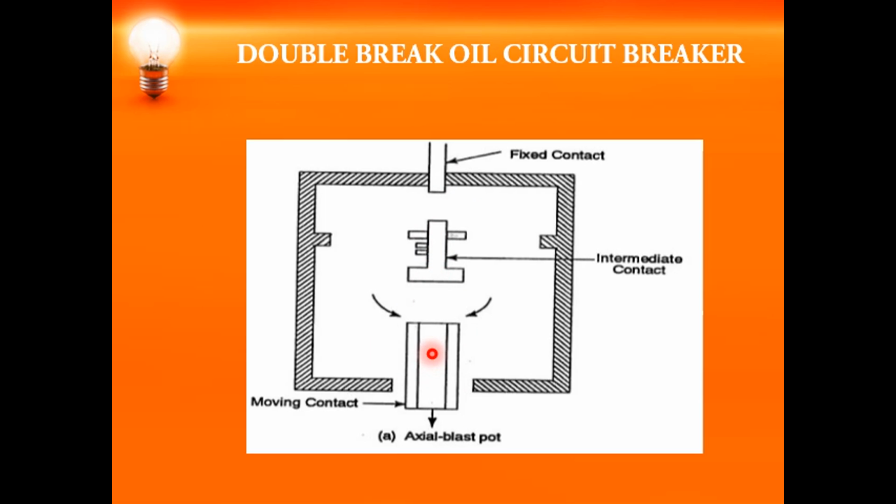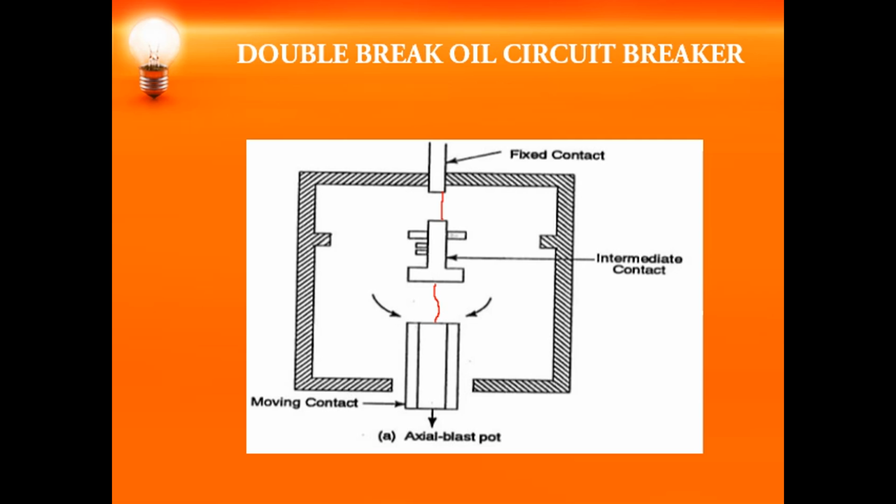Once the arc is formed, the moving contact along with the intermediate contact starts to move downwards. Initially the arc will be formed only between the fixed and the intermediate contact, because the moving contact and the intermediate contact are held together. Once the intermediate contact stops and the moving contact is still moving, the second arc will be formed across the intermediate contact and the moving contact.